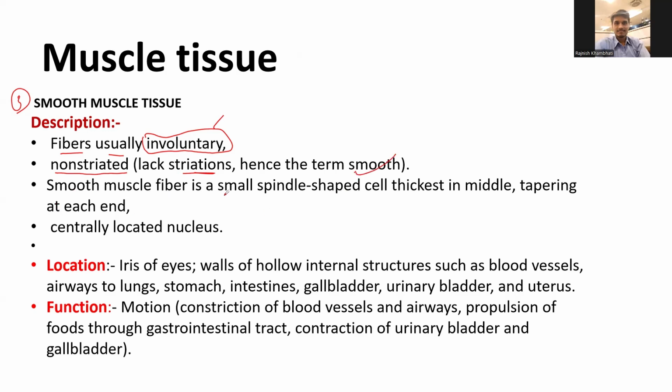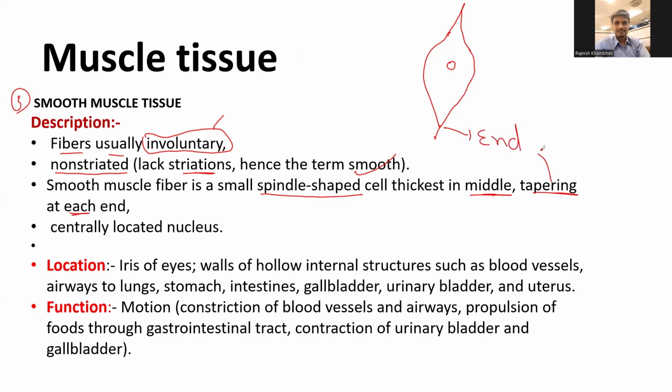Smooth muscle fiber is small and spindle shaped. What is the shape? Spindle shaped, thickest in the middle and tapering to each end. Like in this diagram that I'm drawing, this will be the nucleus and this is the end. What do you see?